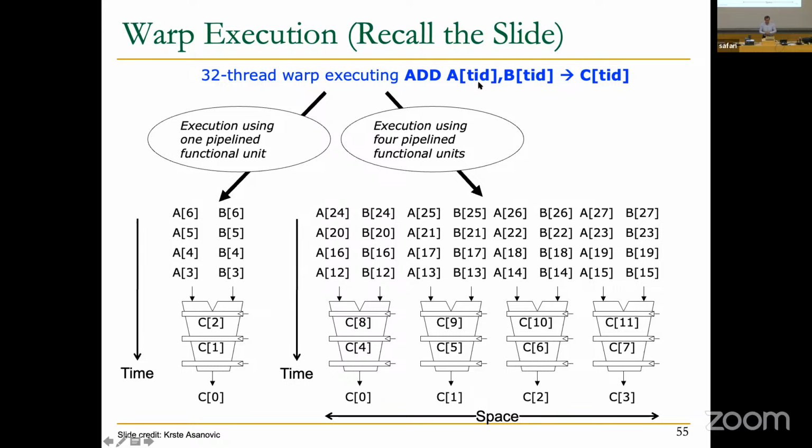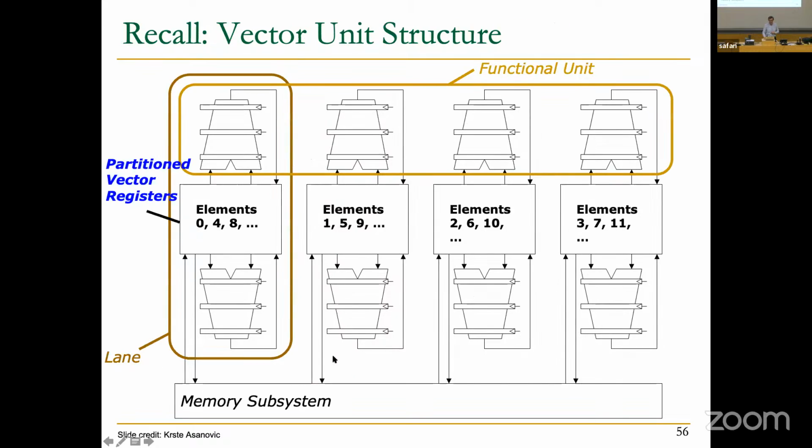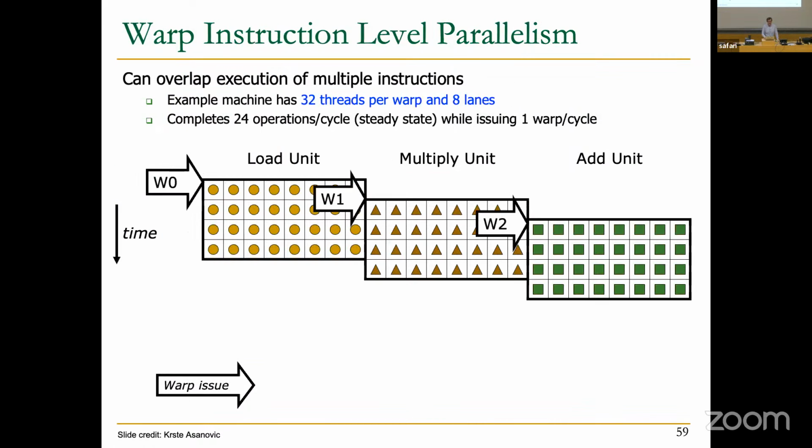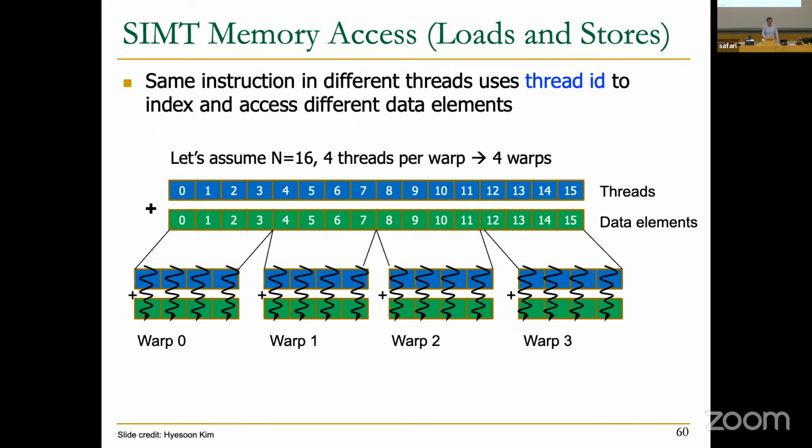And whenever you do a load, each thread loads particular elements to particular locations in the register file. So if you look at thread 0, it loads elements from iteration 0 over here, right? If you look at thread 1, it loads elements over here. So basically, where you're loading depends on which thread you are, if you will.